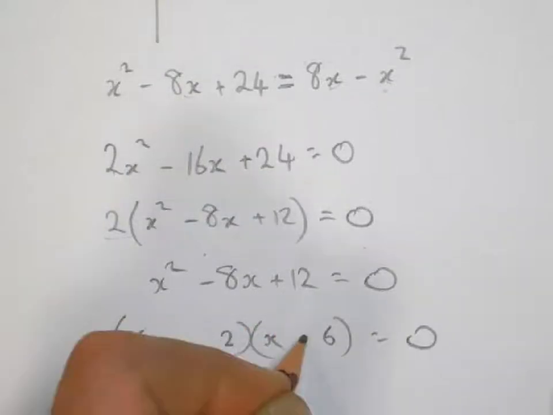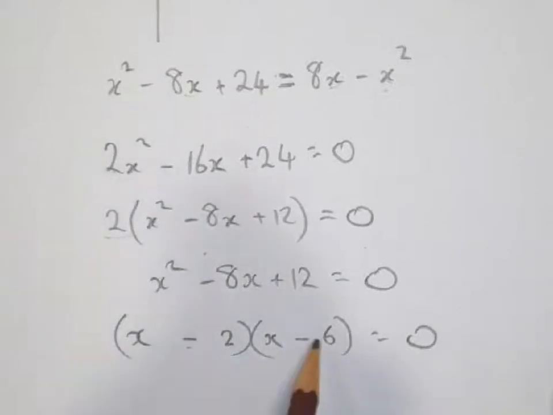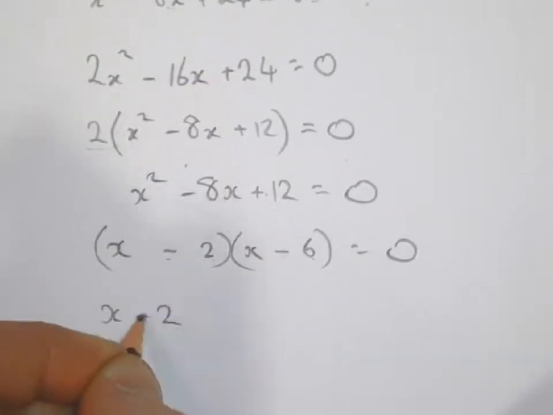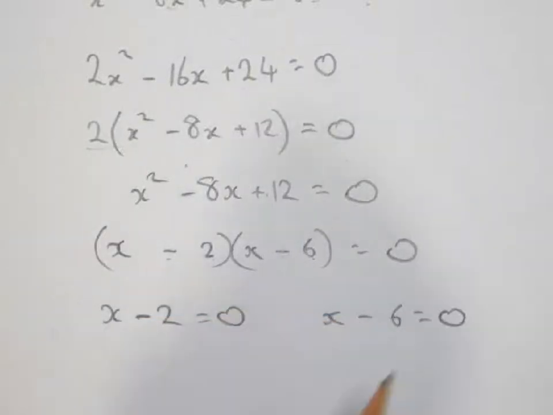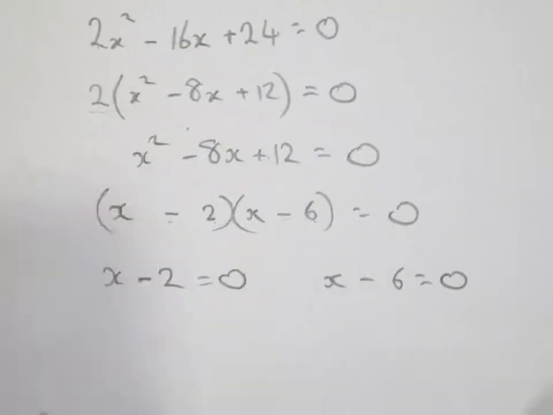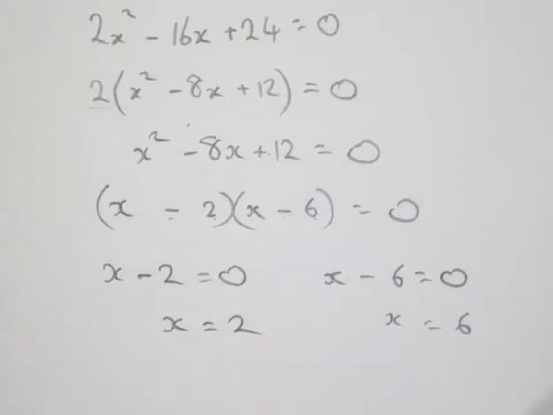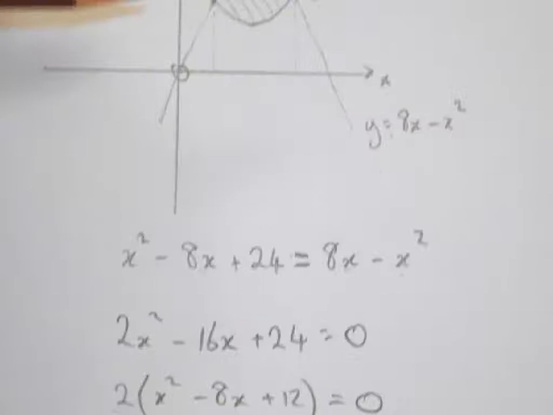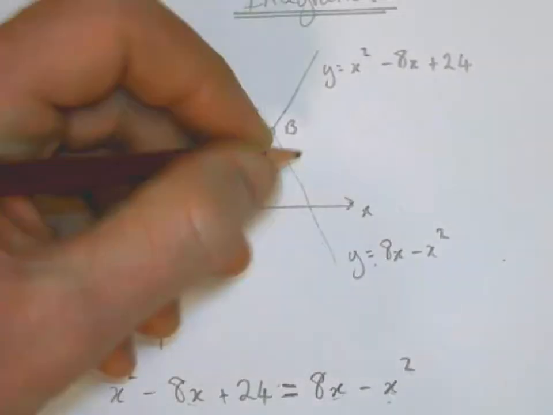And if you put 2 negatives there, that will give you your negative 8x. Negative 2 times negative 6 will give us our plus 12. Which means that x take away 2 can equal 0, and also x take away 6 can equal 0. So x can equal 2 and x can equal 6. So that means we know now that the x coordinate for A is 2 and the x coordinate for B is 6.